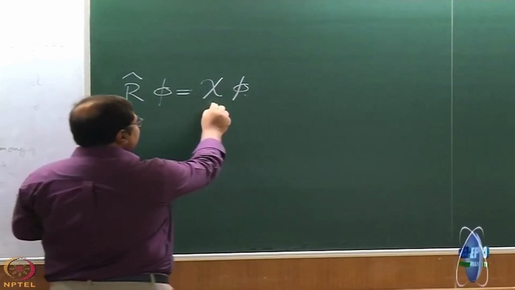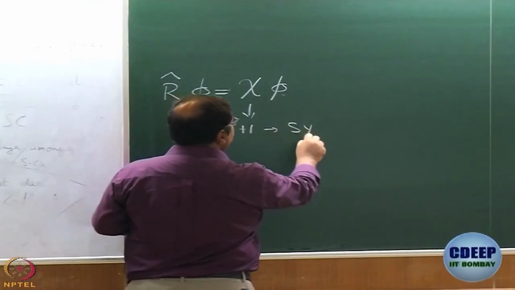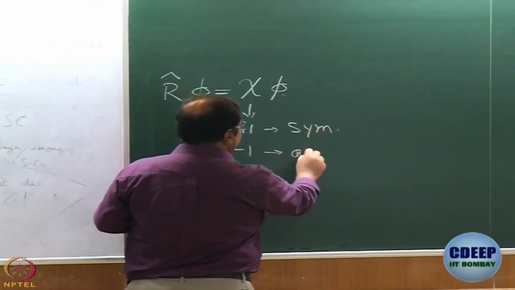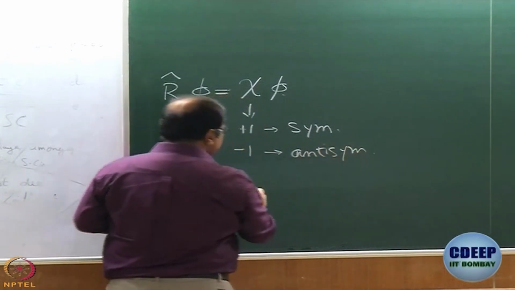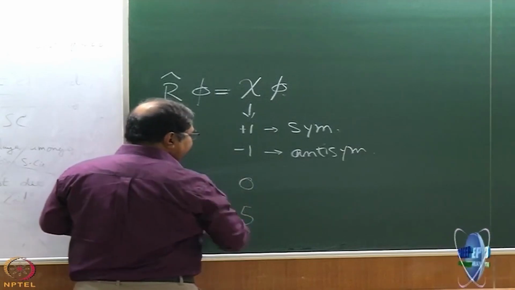So, what we have seen is chi equal to +1 means symmetric, -1 means antisymmetric. My question is, can it be equal to 0? Can it be equal to 5?